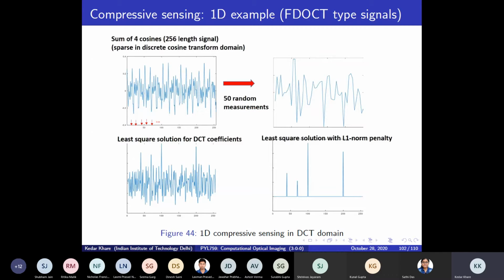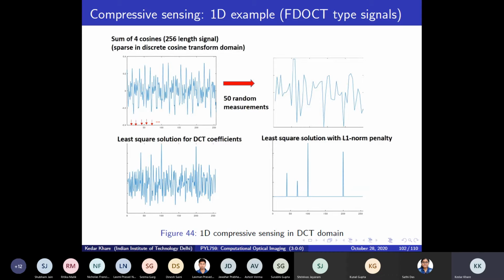Is this clear? Maybe I will give you an exercise sometime later to implement this yourself, and then you will see what I'm doing. But the idea is that fewer measurements are still able to solve this problem. When you put the L1 penalty, you get a sparse solution of transform coefficients.